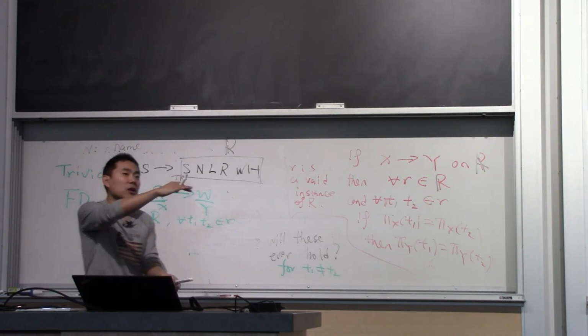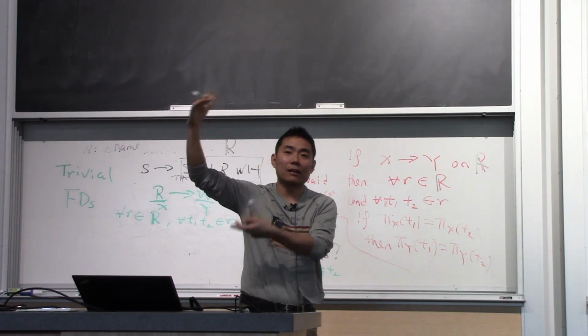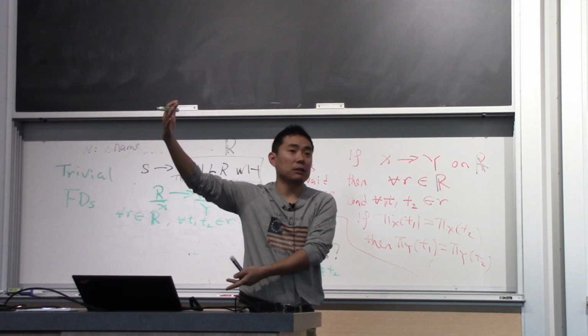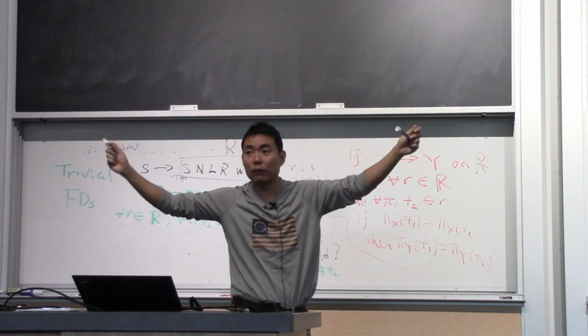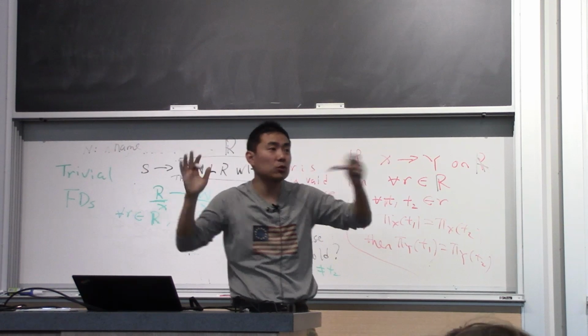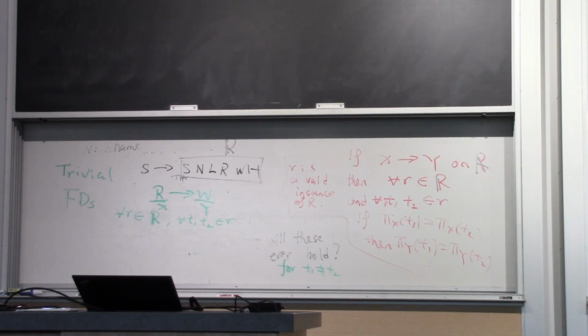Because initially you start with 10 hourly employees, that's one instance. 10 days later you add another 5, so you have 15 hourly employees. That's two different instances you have, two different small r's. I'm choosing any of the r's you have throughout the course of your database. So this must be true for the entire duration of your database.